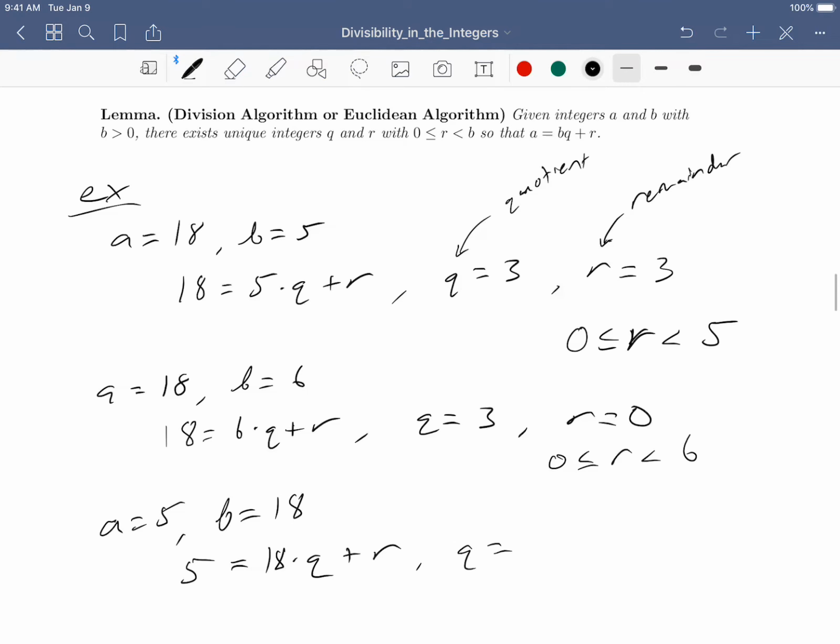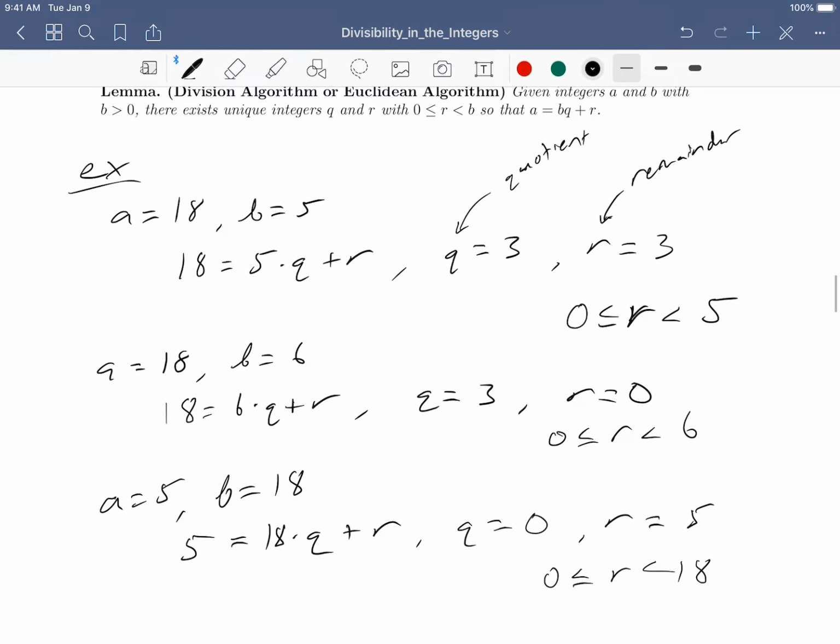What are our q and our r? And remember that r has to be between 0 and b, which is 18. So here clearly we want q to be 0 and r is going to be 5. And notice that's fine because all we needed was r less than 18.